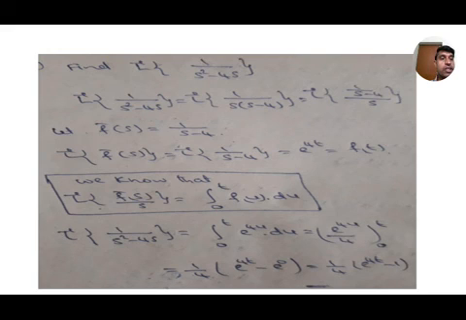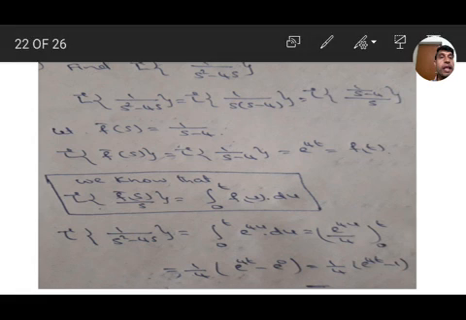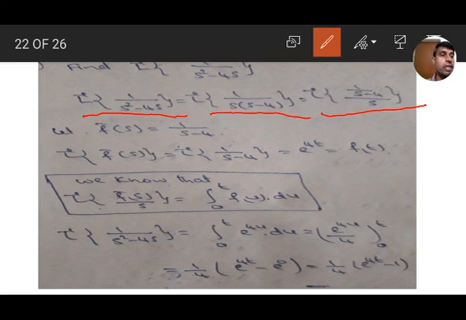Let us move to the next problem. L inverse of 1 by s square minus 4s. So, s is common, so it is s into s minus 4. This can be written as 1 by s minus 4, divided by s, that is f bar s by s.